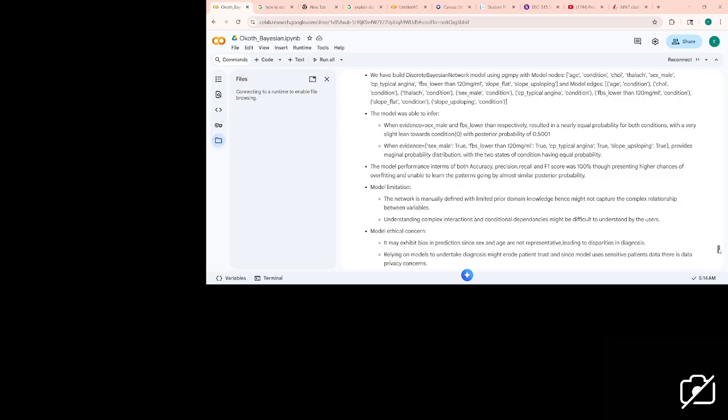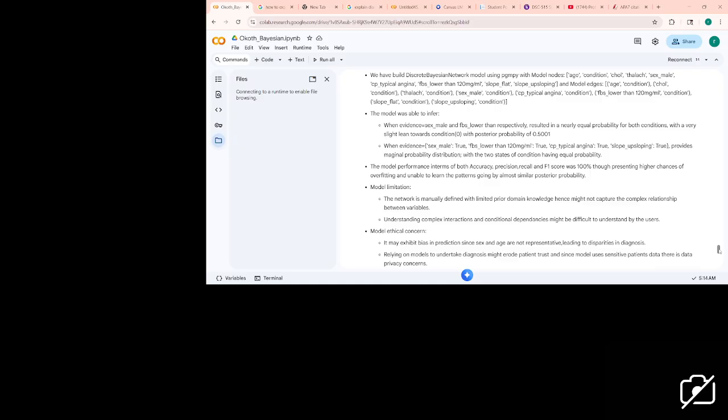We manually defined it with limited prior knowledge. Hence, we were not able to capture the complex relationships between various variables. Also, understanding complex interactions and conditional dependencies might be difficult for users.